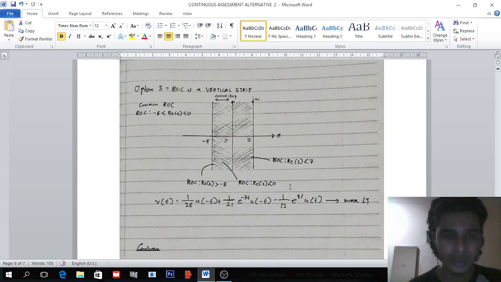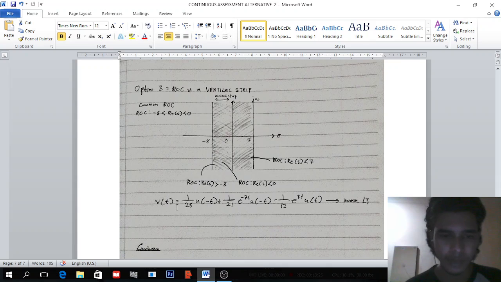So as for option 3, the ROC is a vertical strip. So the common ROC would be negative 8 less than real part less than 0. So the real part would be in the middle. Here you can see the vertical strip, because the poles are opposite to each other, and ROC real part 7, here real part 0, and here ROC real part negative 8.